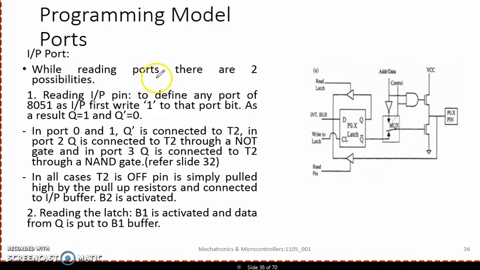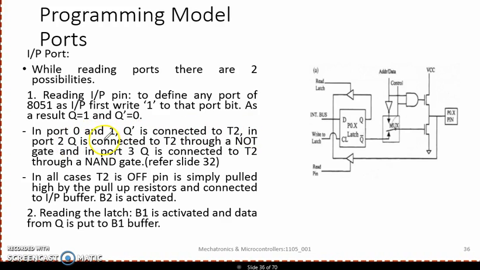While reading ports, there are two possibilities. First one is you can read the input pin. To define any port of 8051 as input, first you need to write 1 to the port bit. As a result, Q is equal to 1 and Q bar is equal to 0. In port 0 and 1, Q bar is connected to T2.